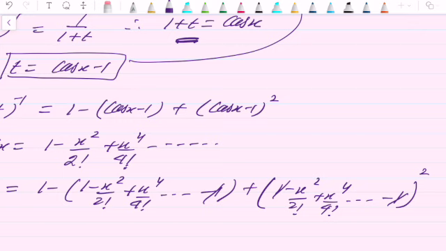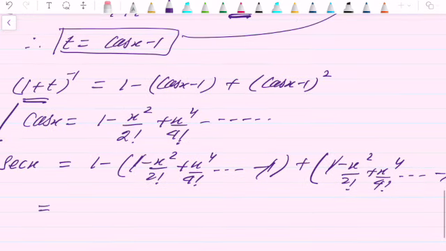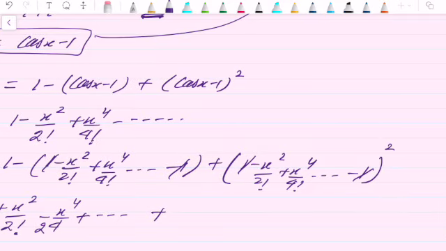1 and 1 will get cancelled, 1 and 1 will get cancelled, so that's equal to 1 plus x squared by 2 factorial minus x4 by 4 factorial, which is 24, and so on, plus the second bracket, that will come out to be a minus sign, that is x squared by 2 factorial, which is 2. Oh, we have to square that, plus sign, so x4 by 4, since 2 factorial is 2, so 2 square is 4.